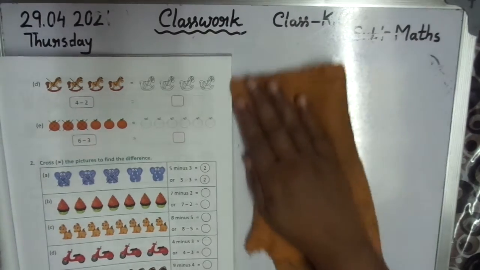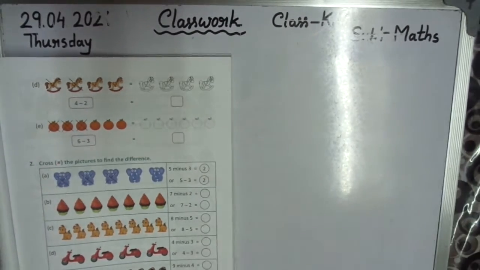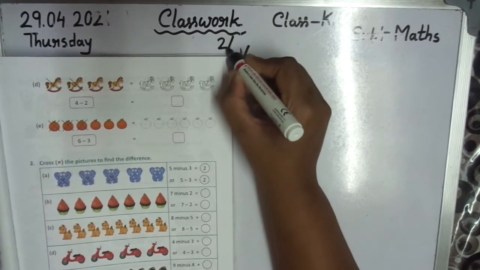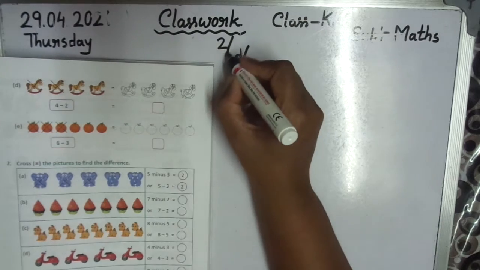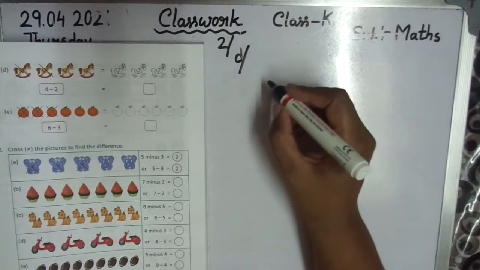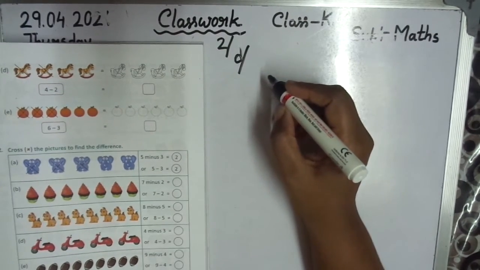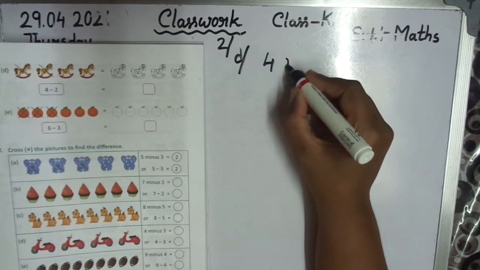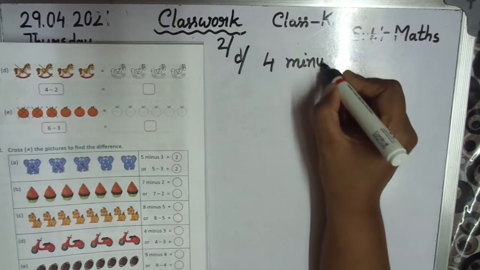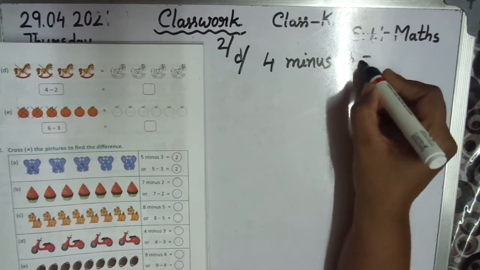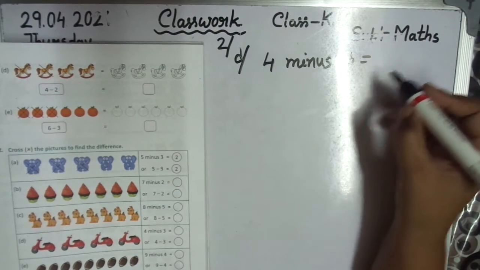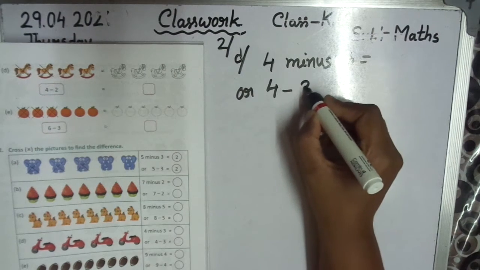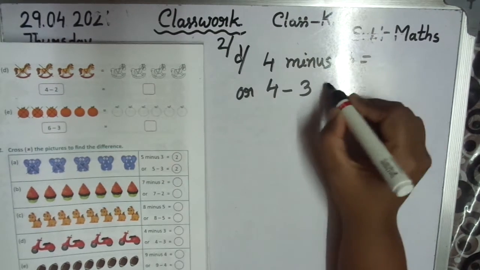Next, D. See D, question number 2 D. 4 minus 3 is equal to, or 4 minus 3 is equal to.